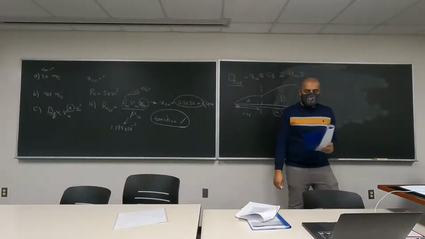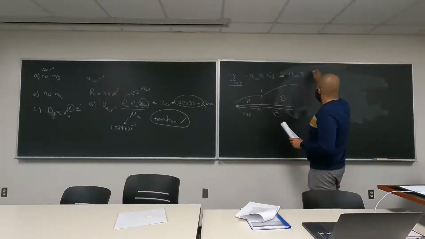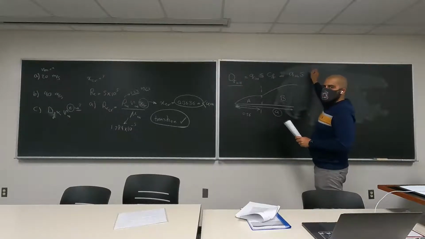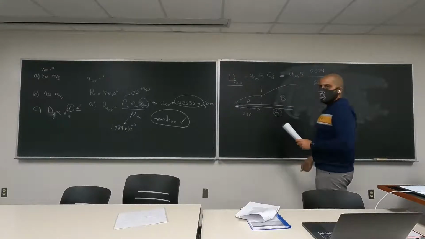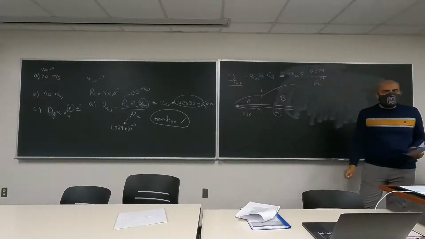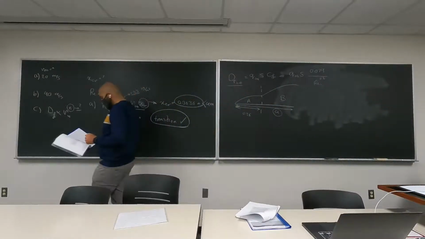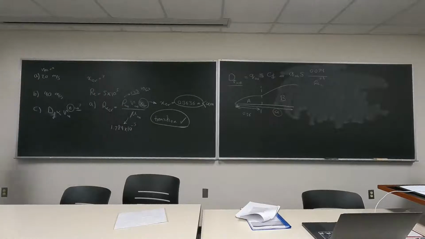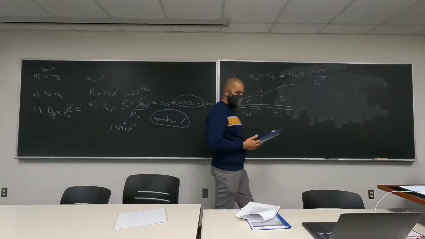It was 0.074 divided by the Reynolds number of L to the power 0.2, right? That's for the friction coefficient, C of F.